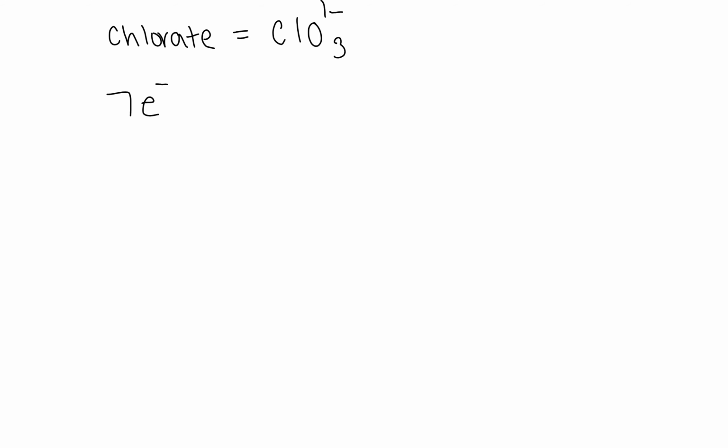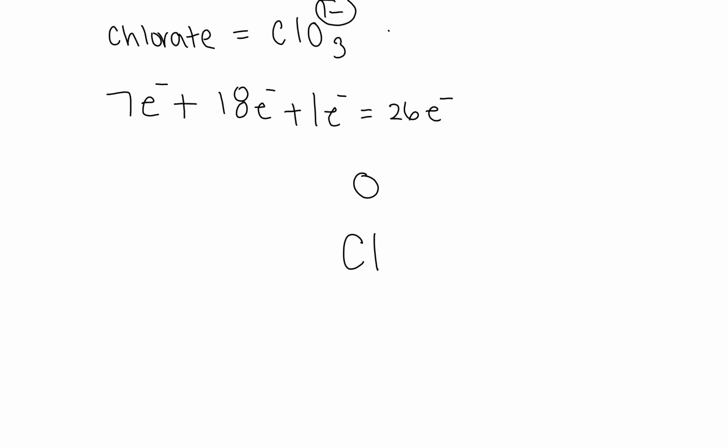So chlorine has 7 electrons plus 18 electrons from oxygen plus the one up here would give us 26 electrons. So we will have chlorine in the middle, and have our oxygens on either side.